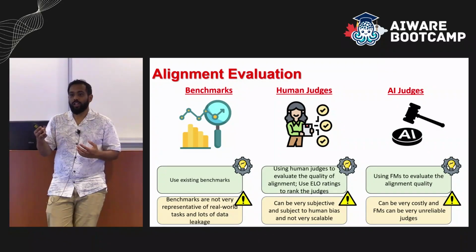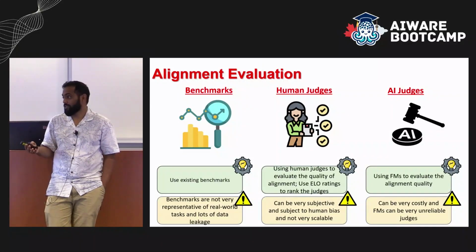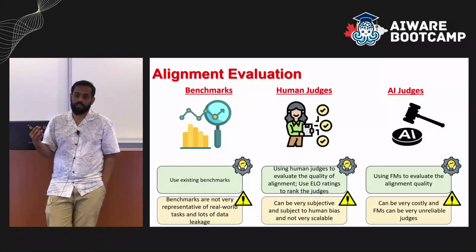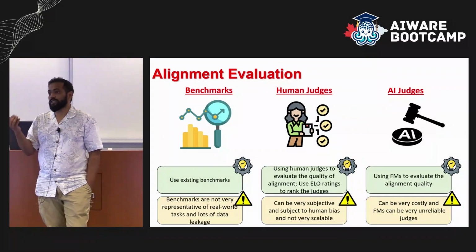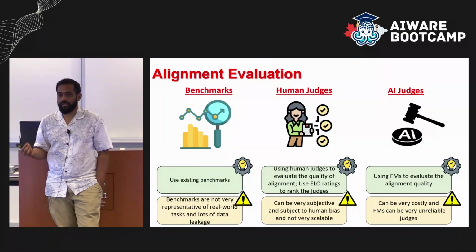So not all alignment tasks can be evaluated automatically by AI judges, because, once again, going back to the earlier example, if we are talking about some industry specific stuff for which a lot of web data is not available, these foundation models might not know anything about something like material design, because there's not a lot of data around it available on the internet.